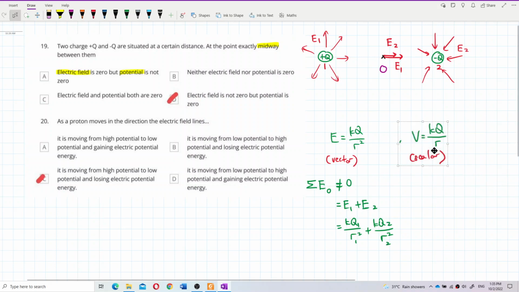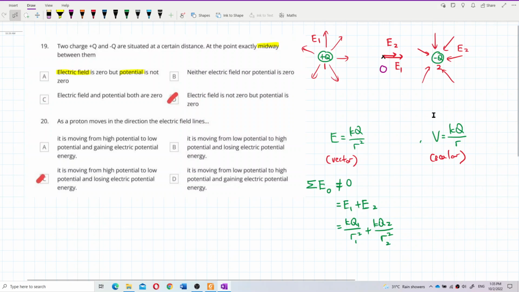The electric field is not 0 because both of them are going to the right, in the same direction. Unless, let's say, E1 is going to the left and E2 is going to the right, then they cancel each other, and there's a possibility the total electric field is equal to 0. But this time, because E1 and E2 are in the same direction, they cannot cancel each other, but they add up. So the total electric field at point O cannot be 0.